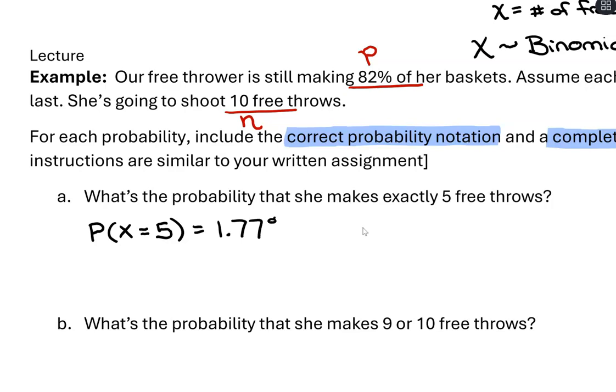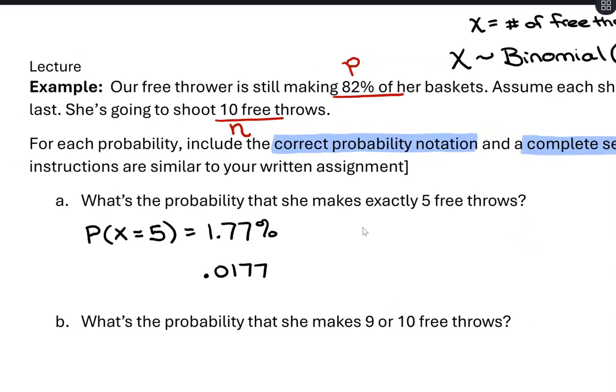That's perfectly fine. Just to make sure, because MyOpenMath often wants probabilities in decimal form, this would be the equivalent of 0.0177. So as we go through these, I'll also write the decimal form so you can keep seeing the translation between percentage and decimal so you know how to plug it into MyOpenMath.